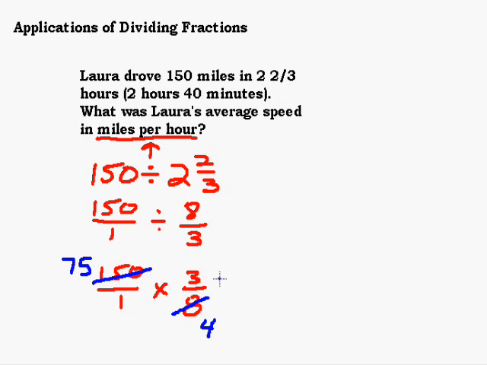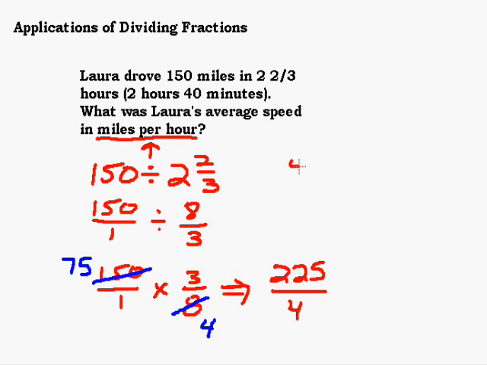So we got to do 75 times 3. Let's see, that would be 225. Oh, I don't want that color. That's a weird color. 225 over 1 times 4 is 4. So now we got to do 225 divided by 4.